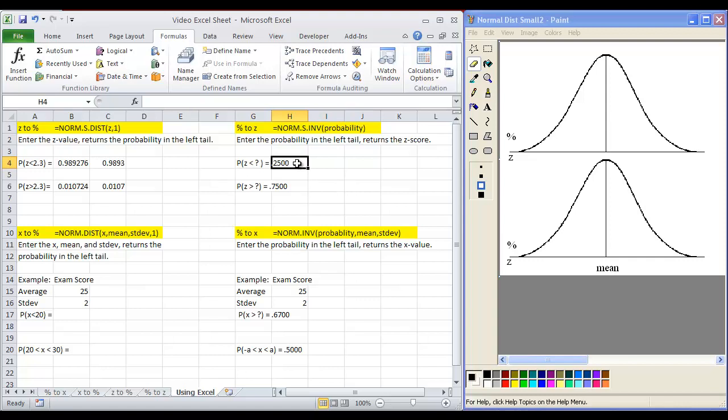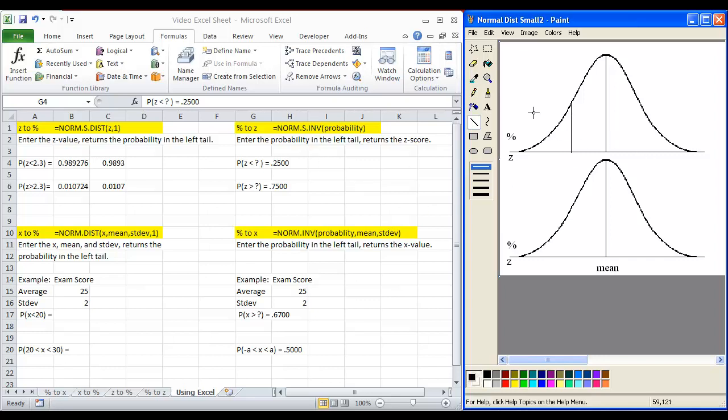We could have read it this way: 25% of our values are when z is less than some score. Knowing what we know about the normal curve, 50% is here, and if I'm dealing with the left tail and I want 25% in the tail, we're going to find ourselves somewhere in here.